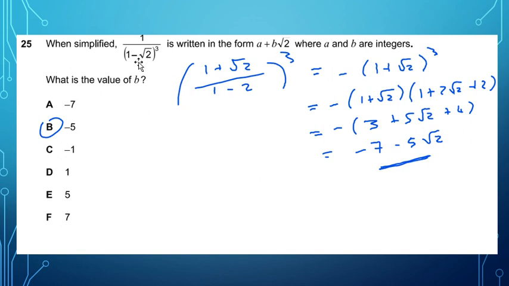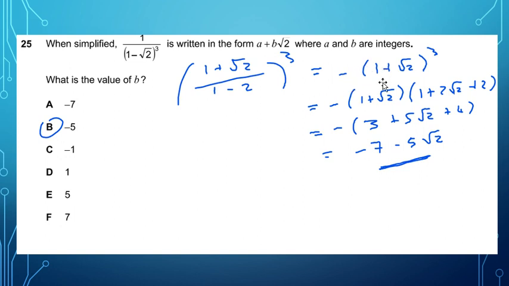Multiply top and bottom by 1 plus root 2. So a difference of 2 squares on the bottom gives us 1 minus root 2 within the cube. So we've got -1 on the denominator. You can cube a -1 and get a minus. So we've got minus outside, 1 plus root 2 cubed.